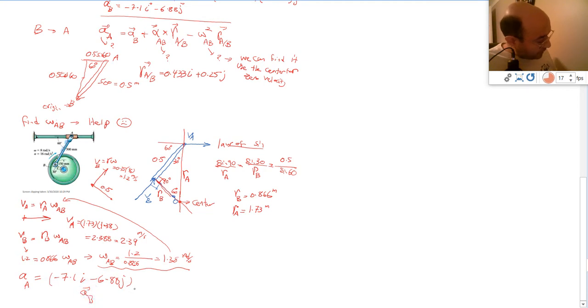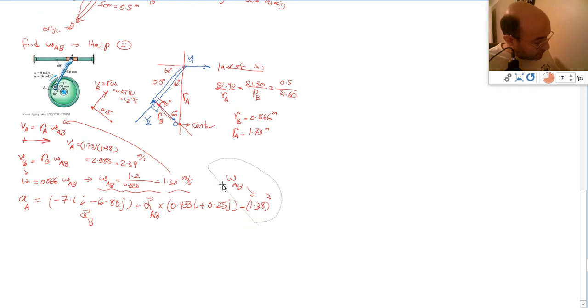The next thing I have is plus alpha AB, that I don't know, cross with RA with respect to B. RA with respect to B, I found it as 0.433 I plus 0.25 J. And the last one is minus omega squared AB, so this is going to be 1.38 to the power of 2, that's omega of AB.